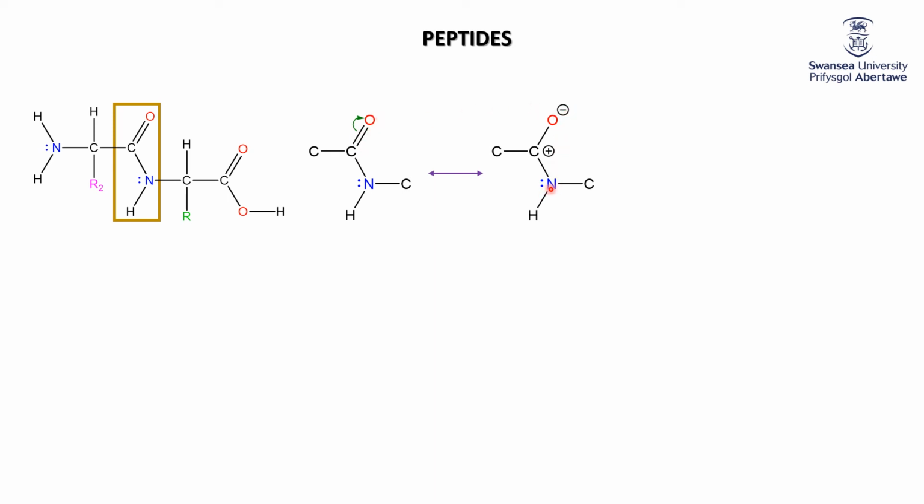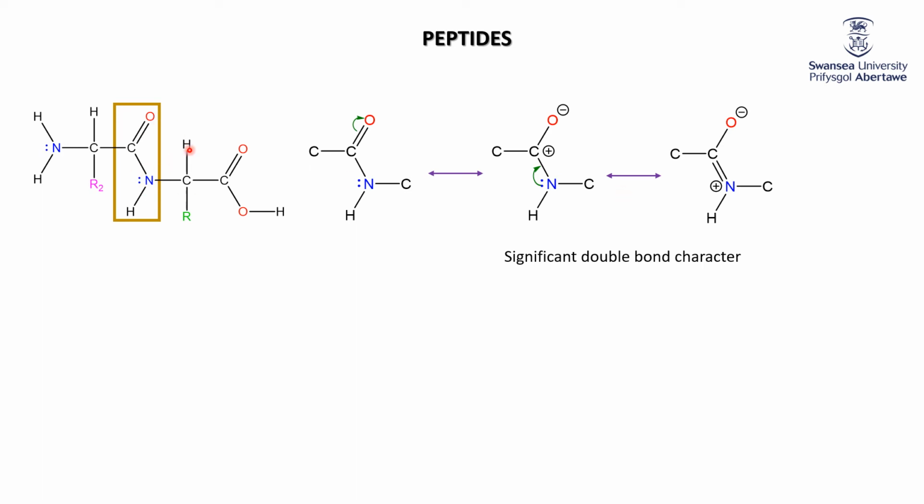Well, the nitrogen here has the lone pair of electrons in the p orbital that it can quite easily overlap with the carbon p orbital to give us a pi bond there. And this is that carbon-nitrogen bond of the peptide link. In other words, this peptide link has got quite a bit of double bond character.